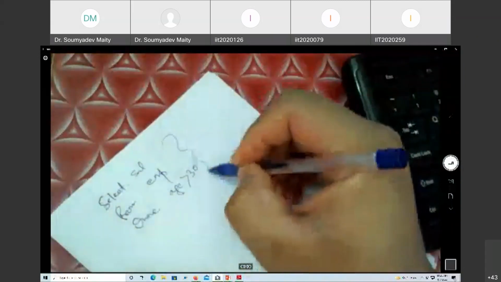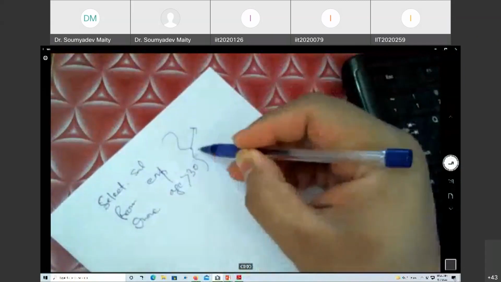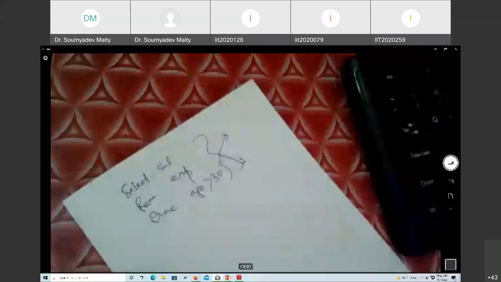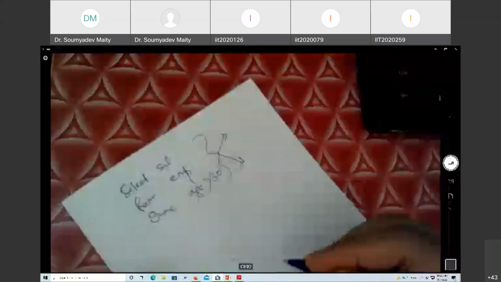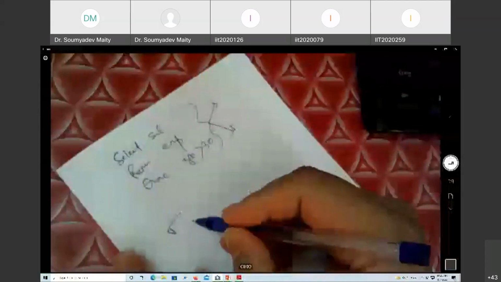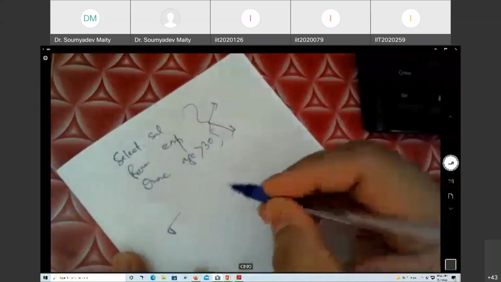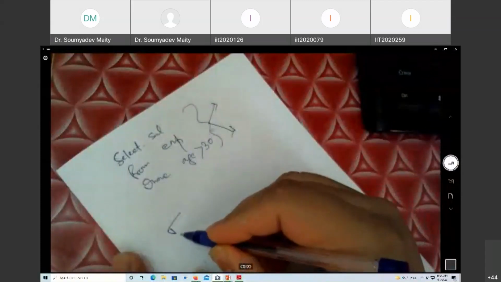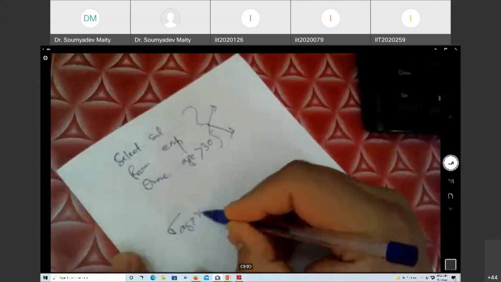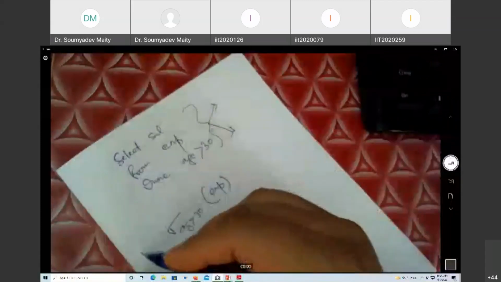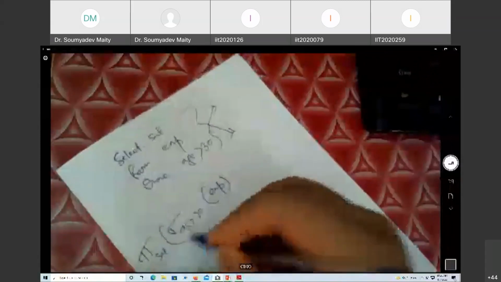So first step, as I said, you have to translate it into the relational algebra expression. So it can be sigma age greater than 30 on employee, and then project the salaries.